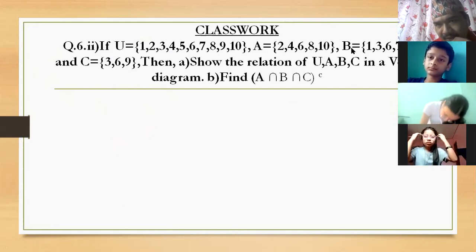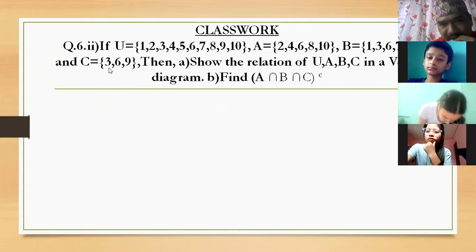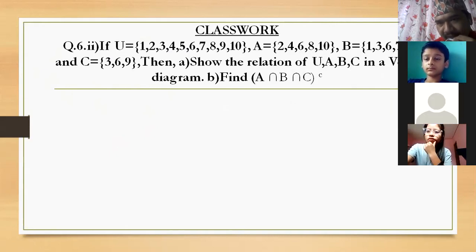Set B is given there: 1, 3, 6, 7. Set C is given there: 3, 6, 9. Then we have to show the relation of universal set, set A, set B, set C in a Venn diagram. Then after that we have to find A intersection B intersection C complement.